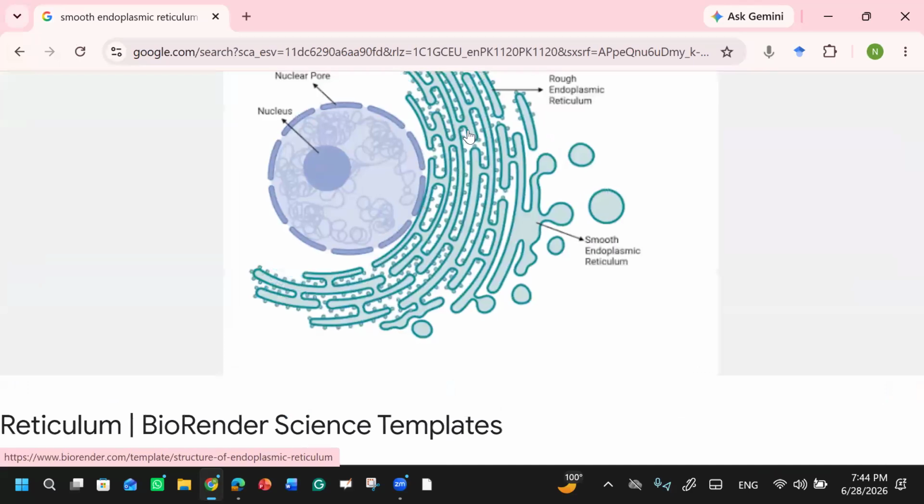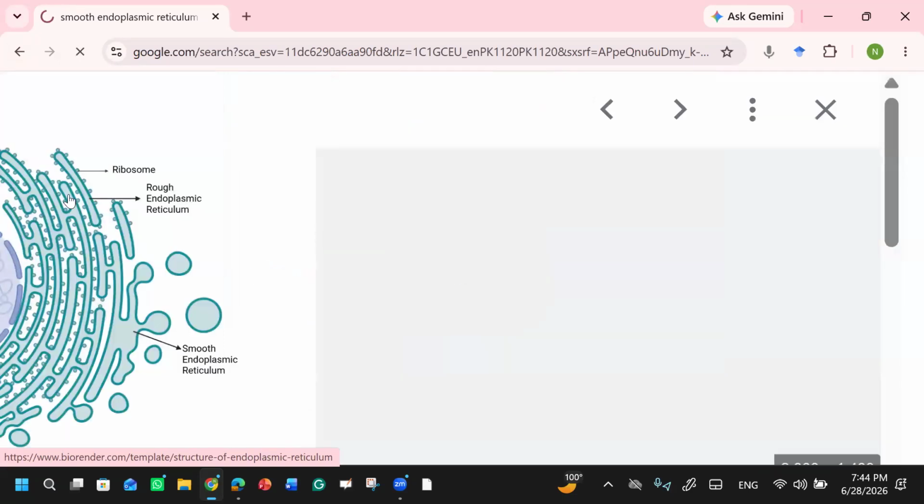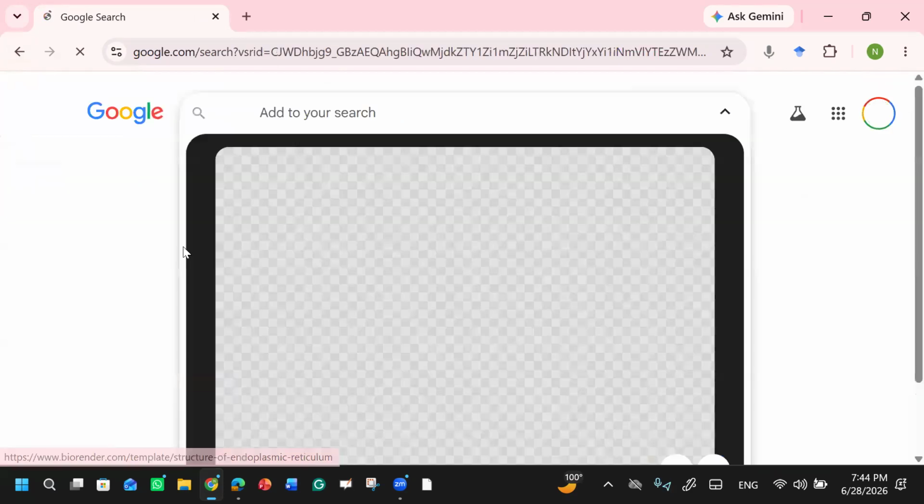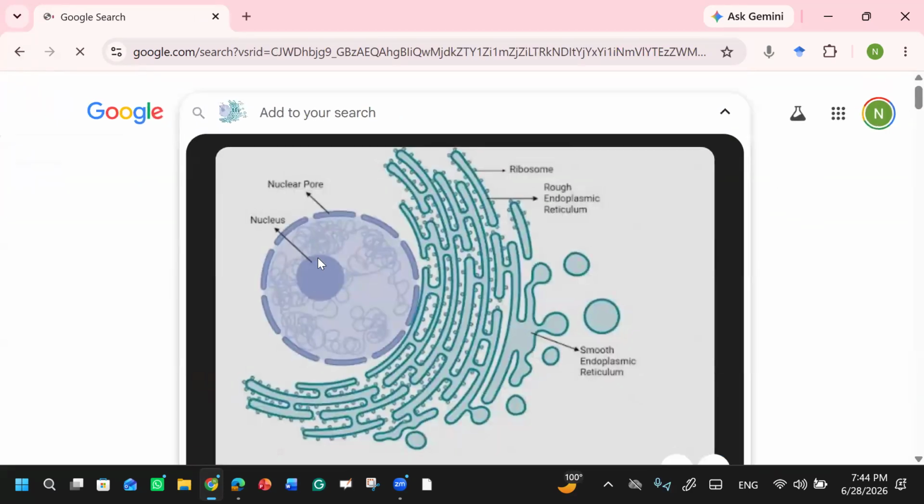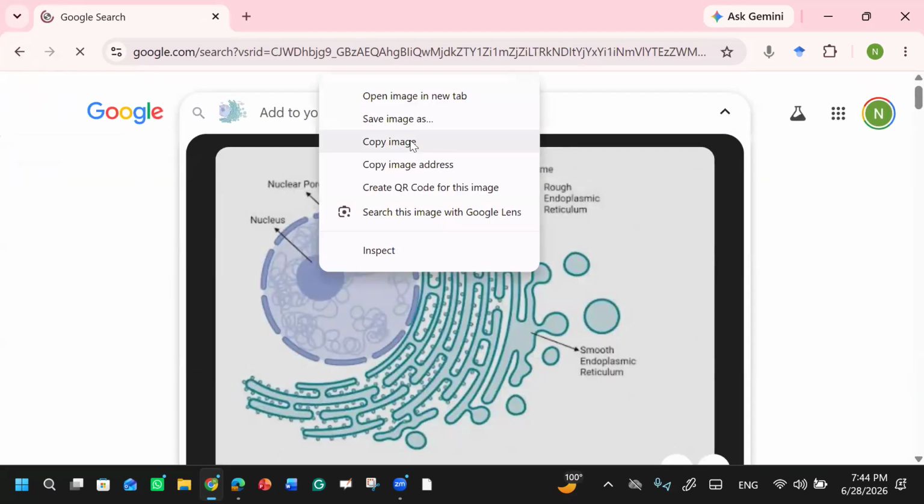This is an animal cell. This whole is an animal cell. Over here in the center there is the nucleus. Let me copy this image.